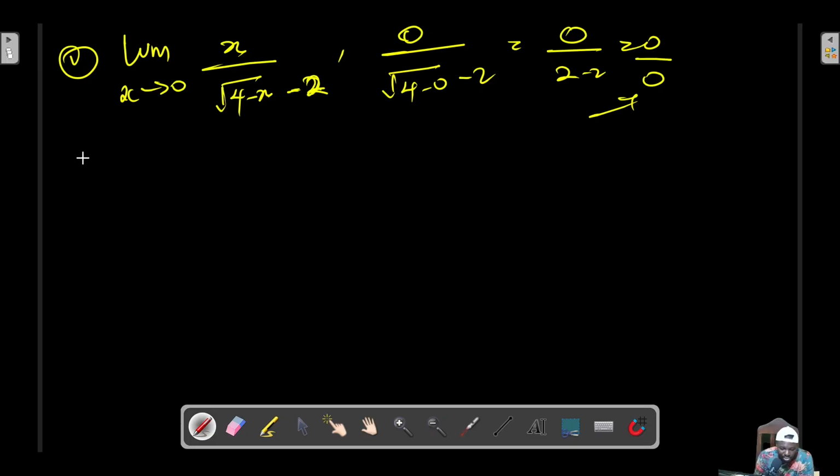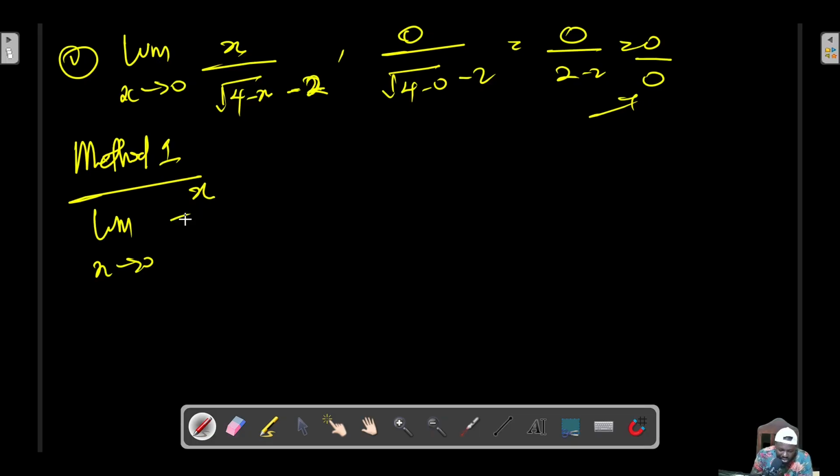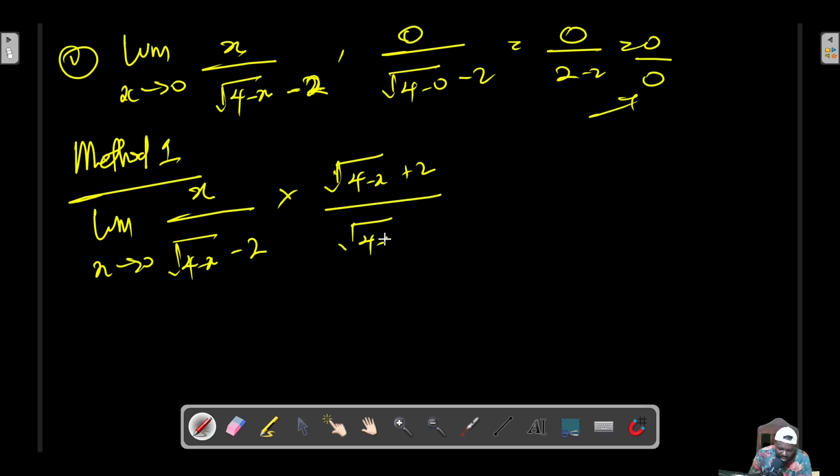It is simple, and we can use two methods. Method 1 will be our normal rationalization. The limit as x approaches 0 of x over root of 4 minus x minus 2, multiplying both the numerator and the denominator by the conjugate of this expression, root of 4 minus x plus 2 over root of 4 minus x plus 2 as well.